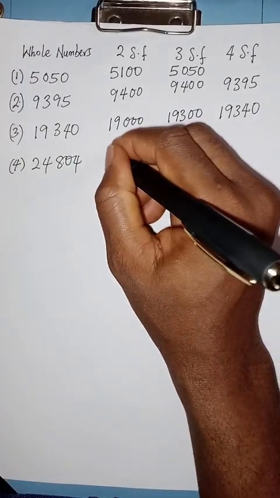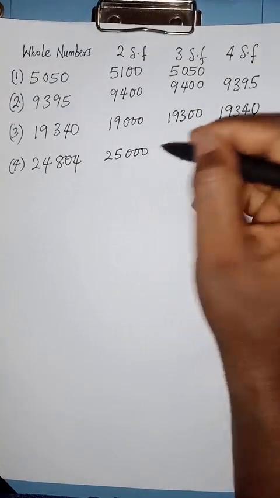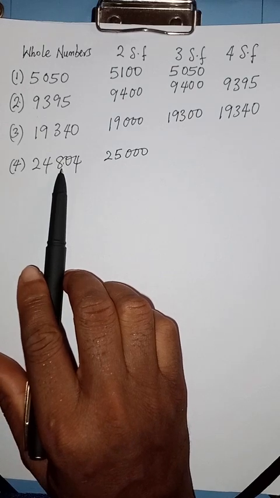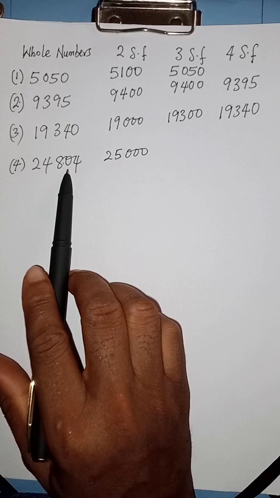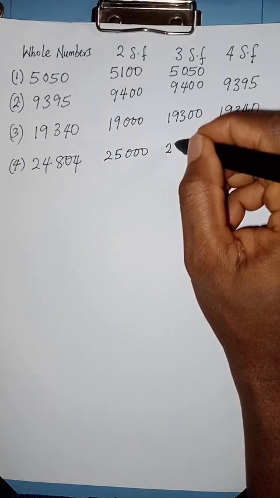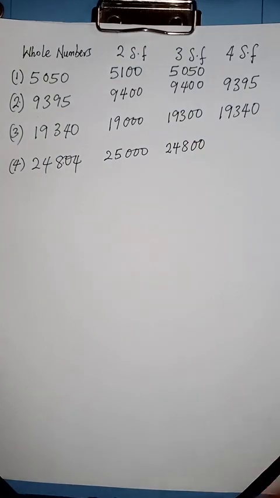So by adding 1 to 4, it becomes 25,000. To three significant figures, the first three digits, 2, 4, 8. But I have to check the digit after the third significant figure to see if it is greater than 4. It is not, so I'm rounding down. So my answer is 248. Convert the other digits to 0, 0.